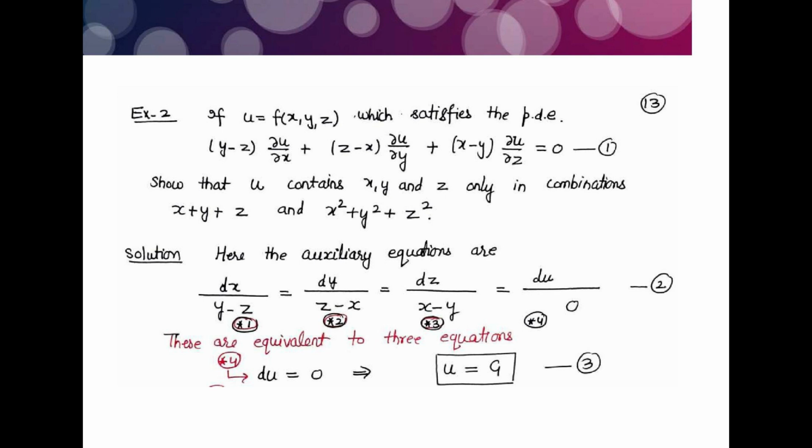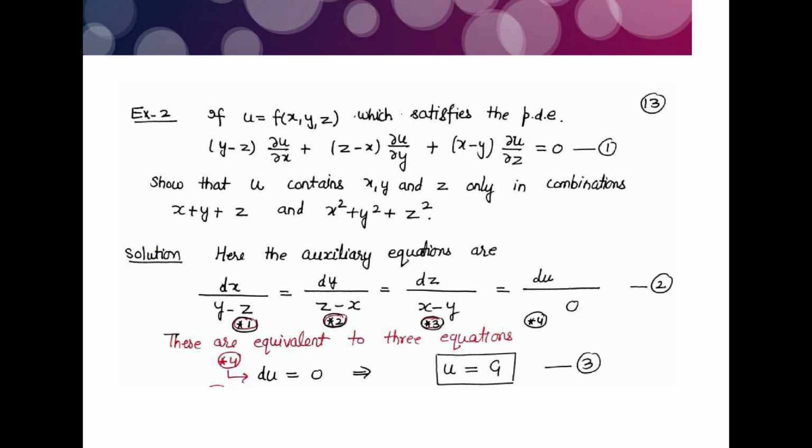As there are three independent variables, so we will find out three integral curves from the auxiliary equations, right? Here we have to show that u contains x, y and z only in the combinations x plus y plus z and x square plus y square plus z square.